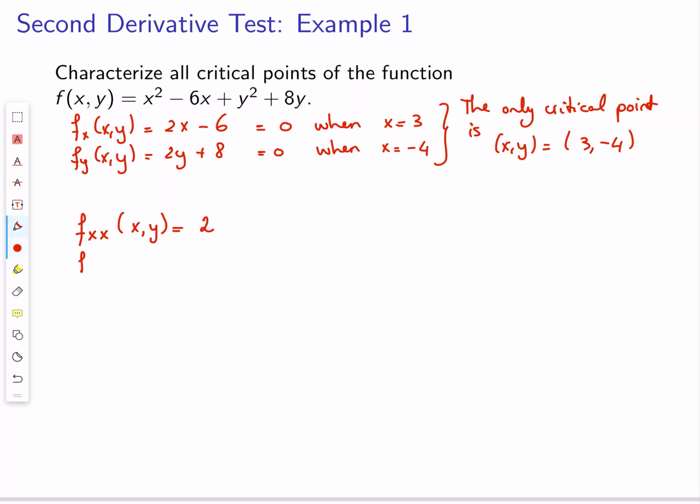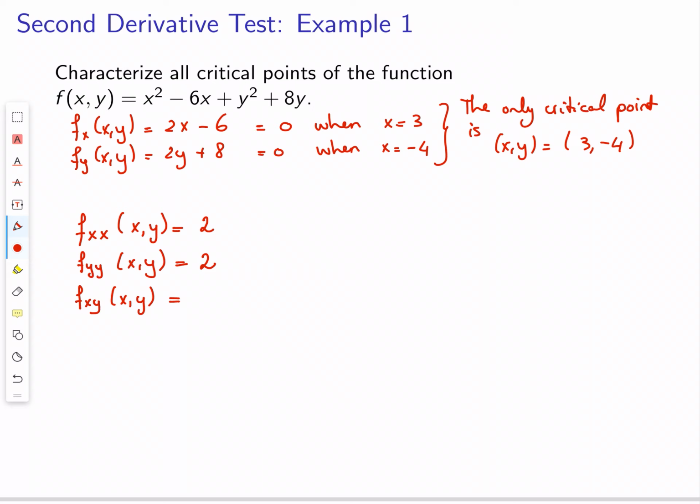And then we need to find f sub yy. So that would be the derivative with respect to y of f sub y. We have 2y plus 8. The derivative with respect to y gives me 2. And we also need to find the mixed partial derivative. And so now we could go either way.